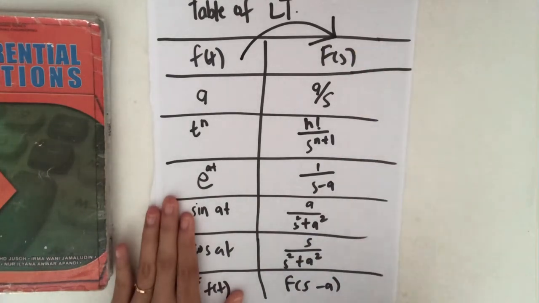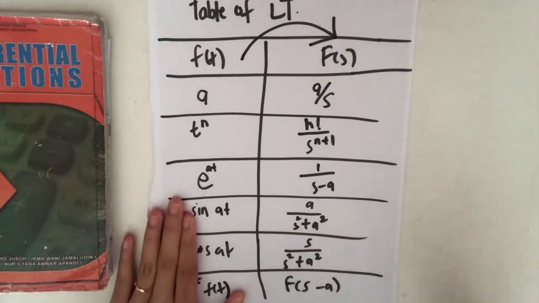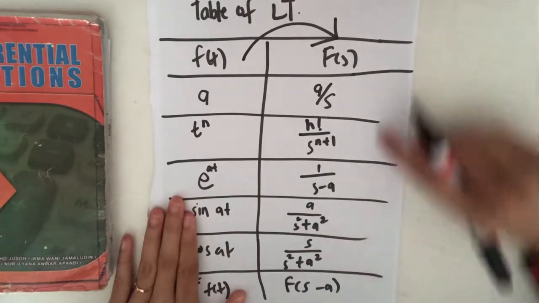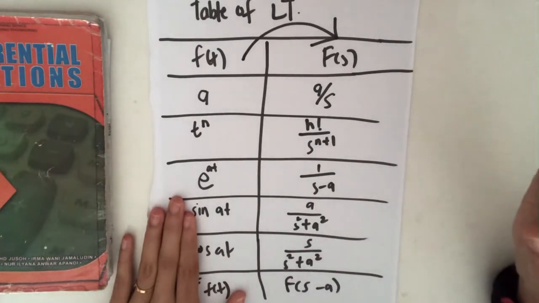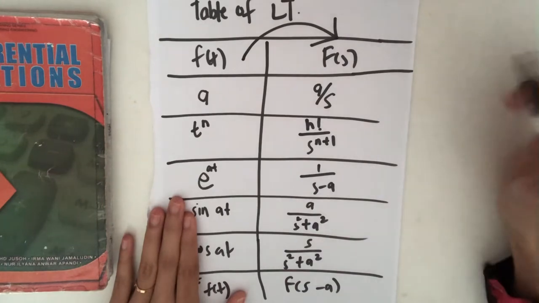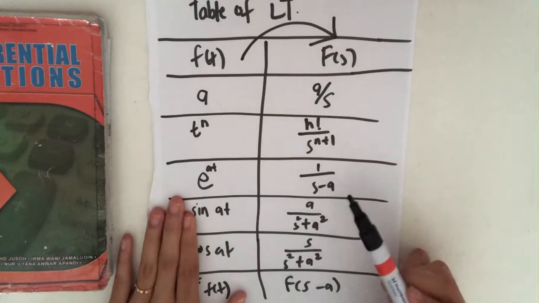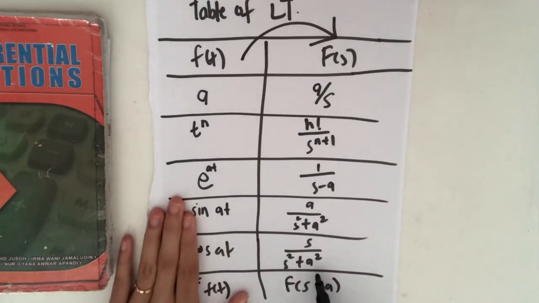But now the topic is inverse, so the question given to you is this side. The question will be: find the inverse of F(s). Find the inverse for 1 over s minus 3. Find the inverse of s over s square plus a square, for example.